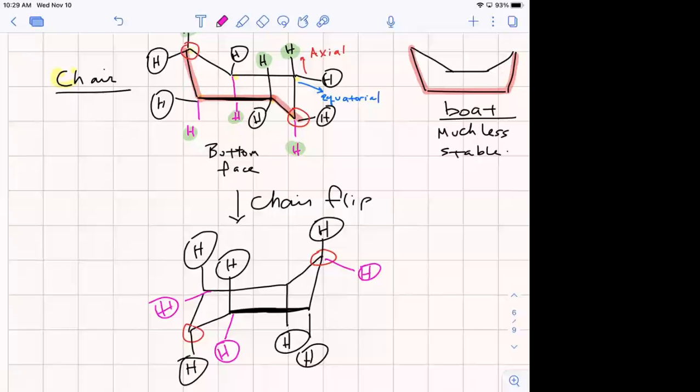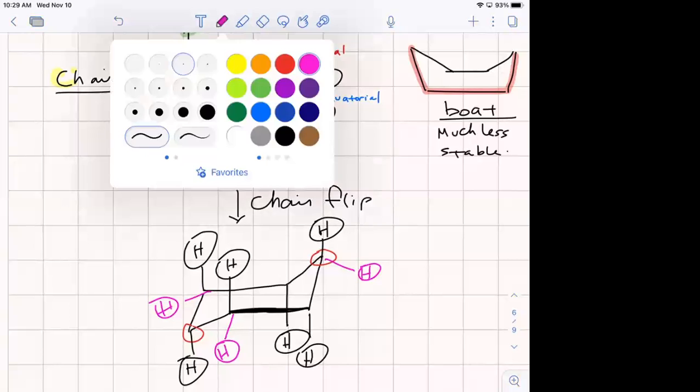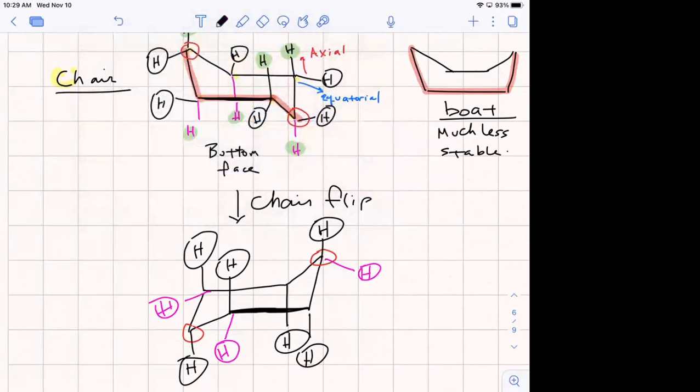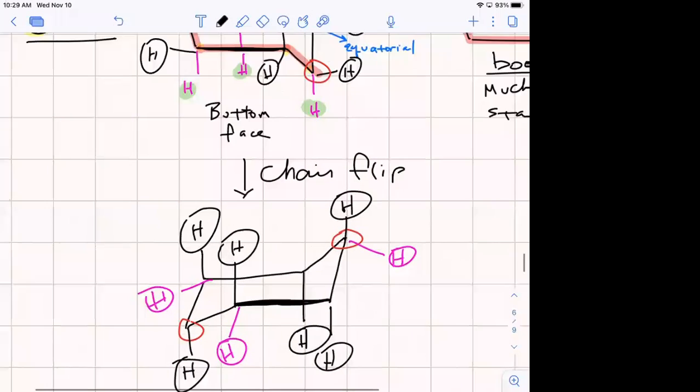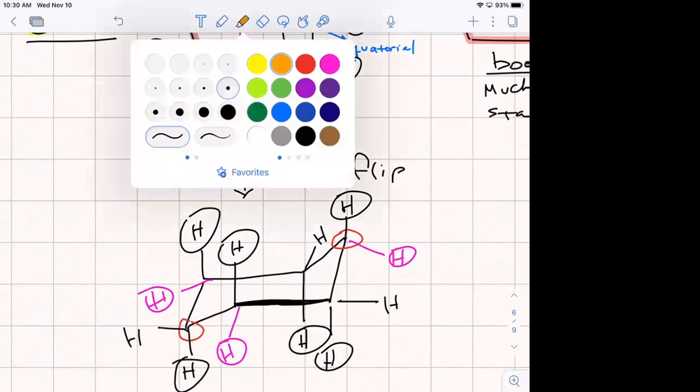And then on the other carbons, this is equatorial here. This one is equatorial, and so is this one. And those are the ones that were highlighted in green.